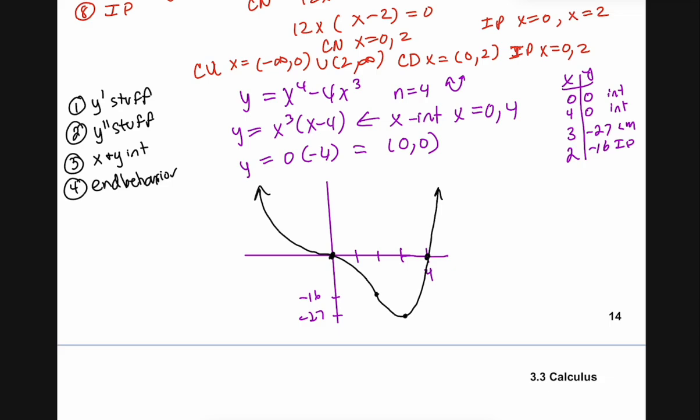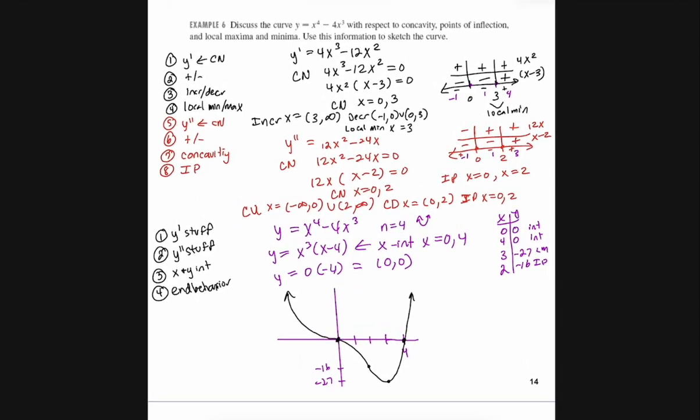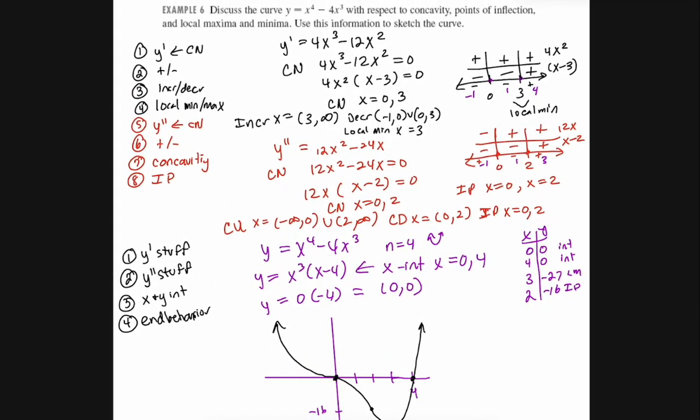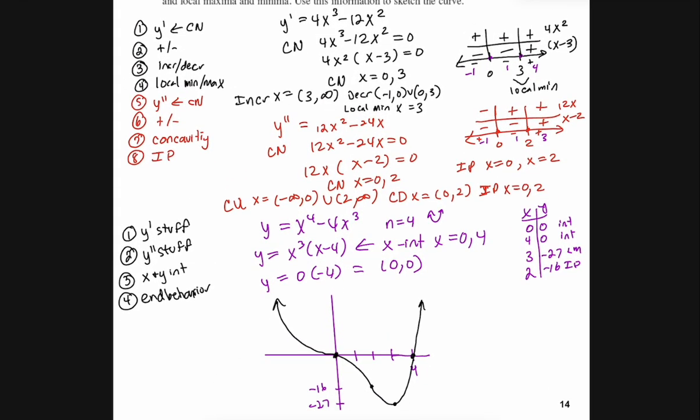So much easier to graph than the ones that we had before. So let's put everything together, okay? Let's check our graph. Does it check all the boxes? It is decreasing. Okay, so the left end goes up, right end goes up. That's our end behavior. We hit the x-axis at 0 and 4. We hit the y-axis at 0.